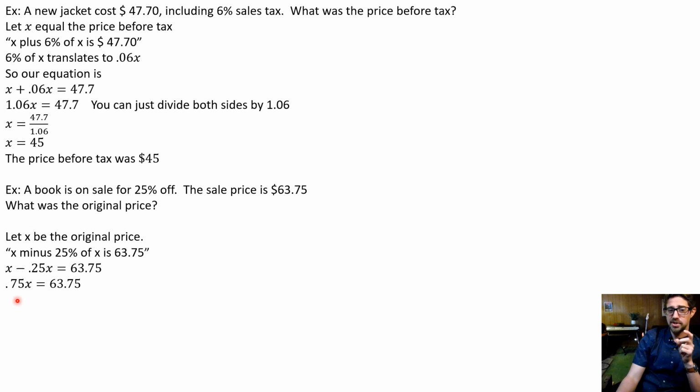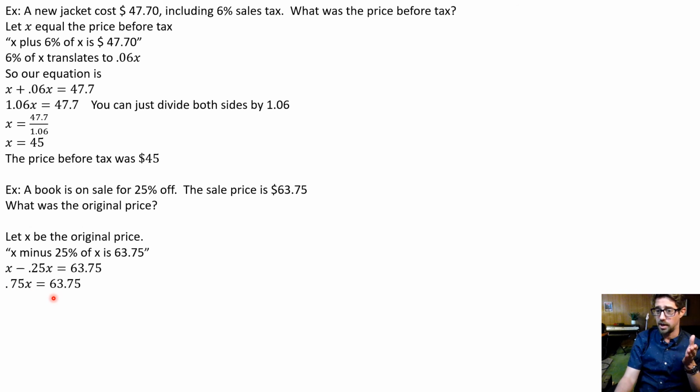Whatever x is, 75% of x is 63.75. That's just another way of saying x minus 25% of x. So if you're feeling good, you can just jump right to here.